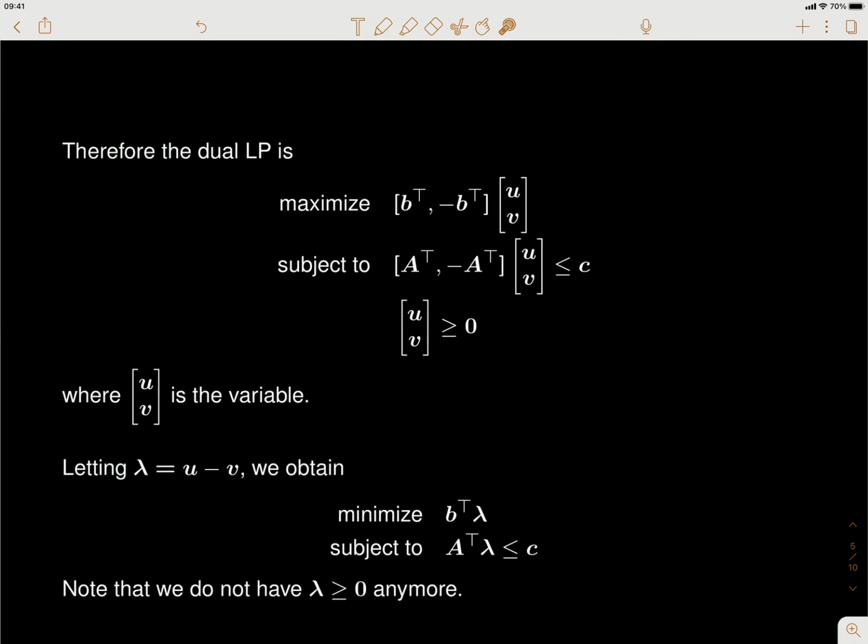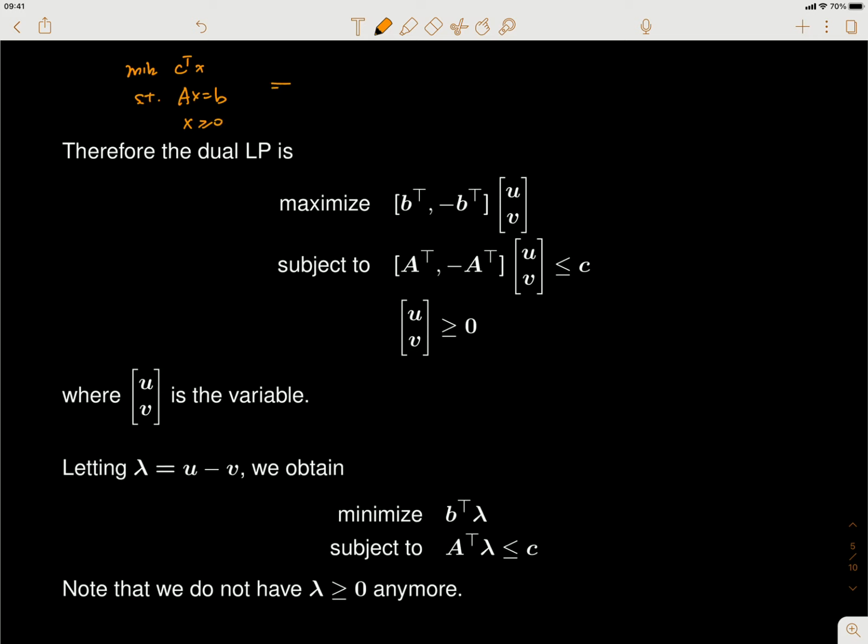So let me repeat, I'm going to write the current standard form of the linear program. We said it's minimizing c transpose x, subject to ax equals b, and x greater than or equal to 0.